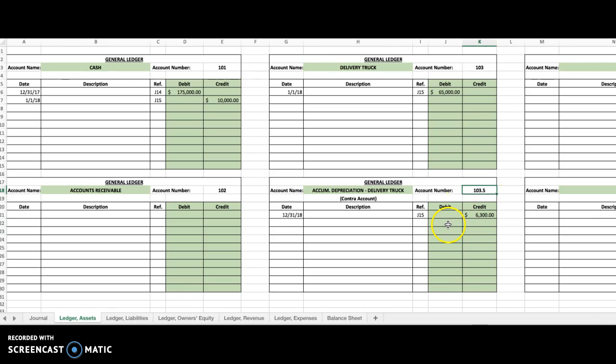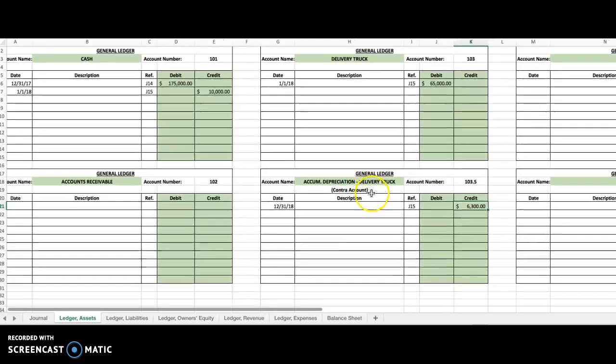Now, this will end up on the balance sheet, as we'll see in a few minutes. But you can see that at the end of 1 year, we bought this truck for $65,000, and we have a credit of $6,300. If you subtract the credit from the debit, you'll see the actual value of that delivery truck at the end of 2018.